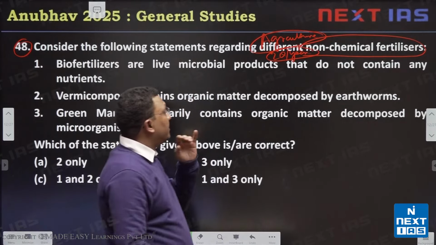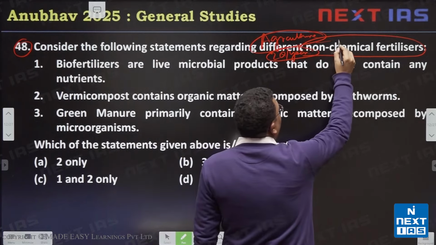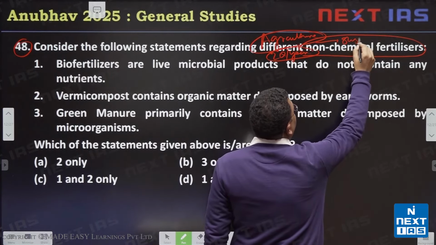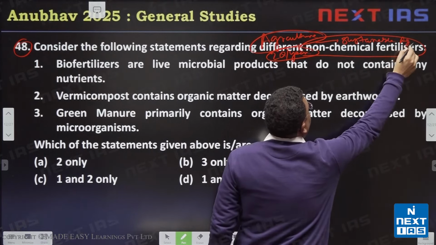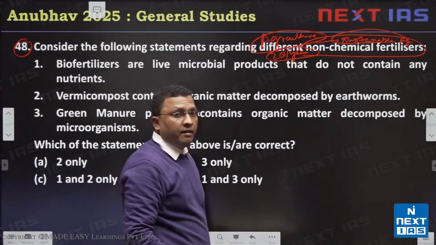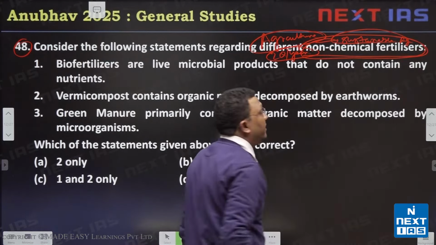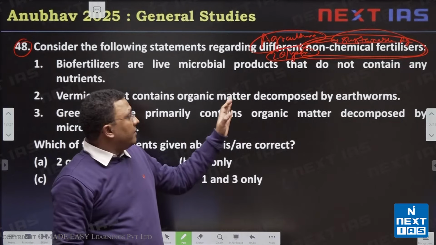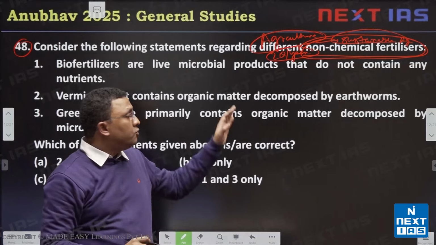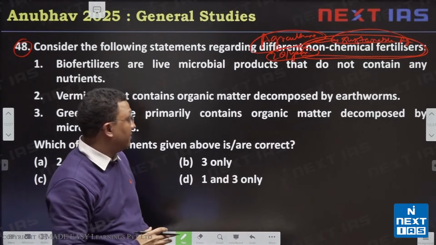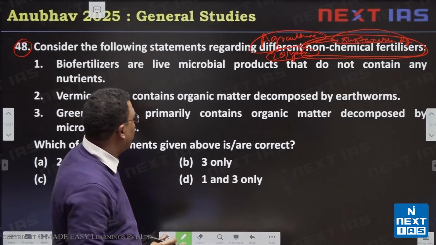And within this, UPSC has been focusing on the area of sustainable agriculture. So that's why a question based on non-chemical fertilizers has been put in your test, right? Recently, the Government of India has also been promoting the use of non-chemical fertilizers, right? So this question becomes important that way also, right?